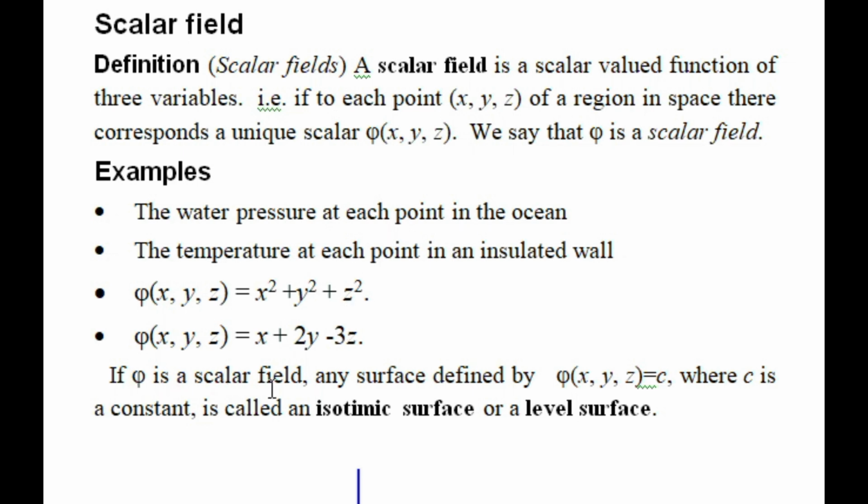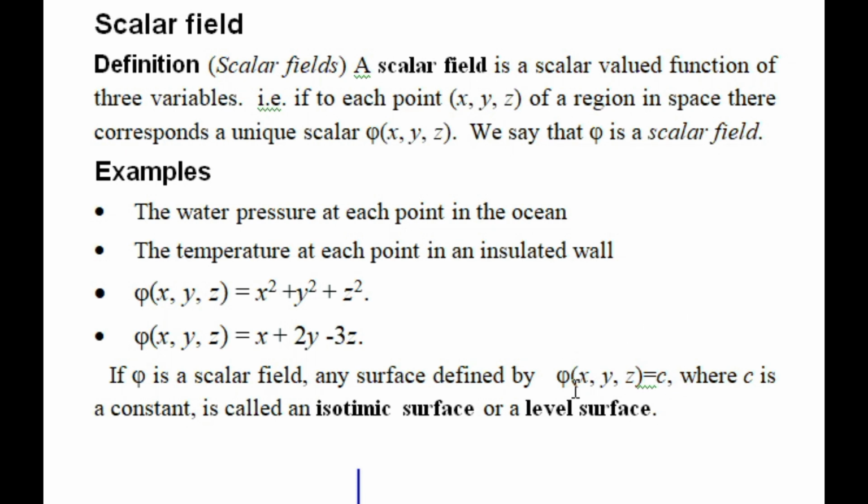Now, if phi is a scalar field, any surface given by phi of xyz is equal to c, where c is a constant, is called an isotonic surface or a level surface. Here phi is a function of three variables, and we put that equal to c.